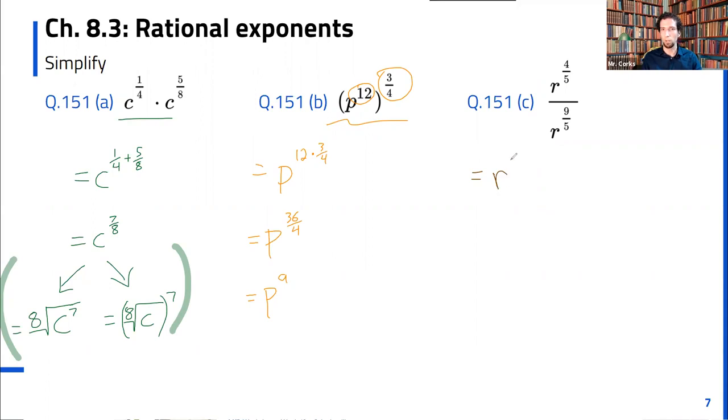So that's R to the exponent, all of this in the exponent, 4 over 5 minus 9 over 5. What's the result of that? R to the exponent of -1. -1. So 4 minus 9 is -5. So -5 over 5, that's -1. And then if we do our simplifying thing here, just 1 over R. A little exponent 1 there, but we don't need to write it.